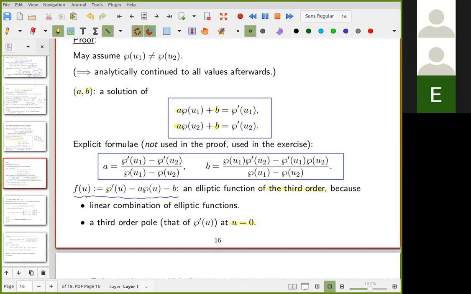P prime also has poles at lattice points. And the dominant pole is the pole of P prime. It is of order 3. So it is an elliptic function of third order.